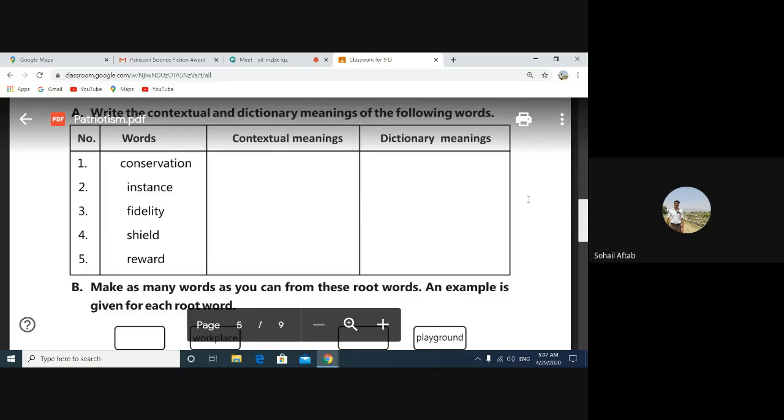Then we have reward, and it is a thing given in recognition of service. Reward also means prize.